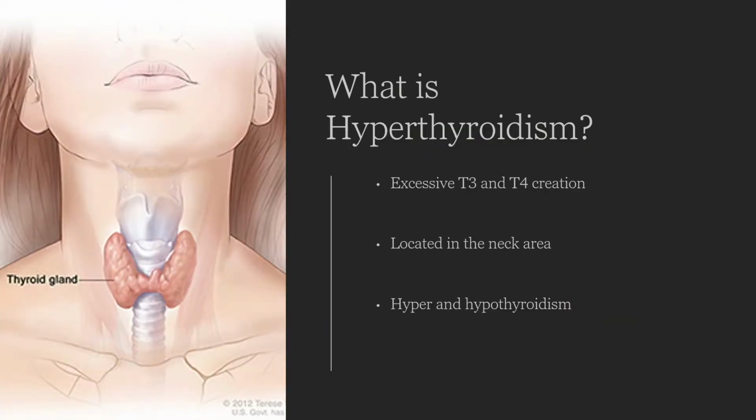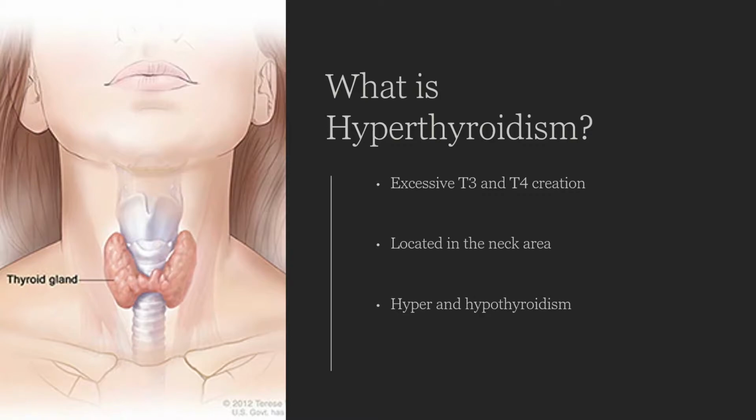So, the main question here is: what is hyperthyroidism? It is a condition in which the thyroid creates and releases more of the hormones that your body needs. It's also called overactive thyroid.